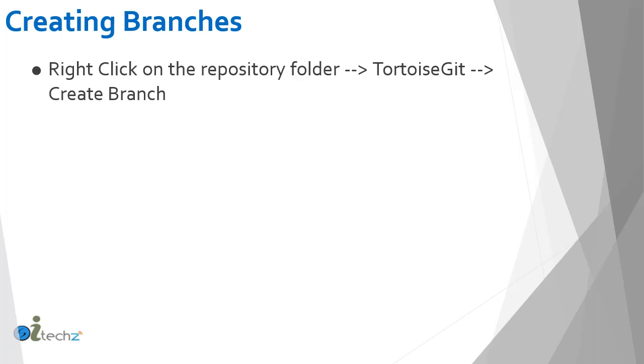To create a new branch, you need to navigate to your local repository folder, then right-click on the repository folder, select TortoiseGit, and then click on Create Branch. Let me show you the demonstration.